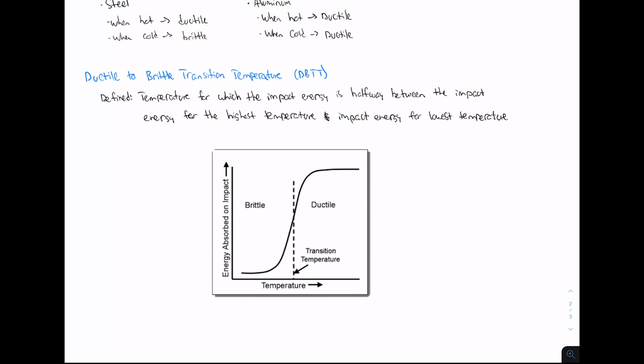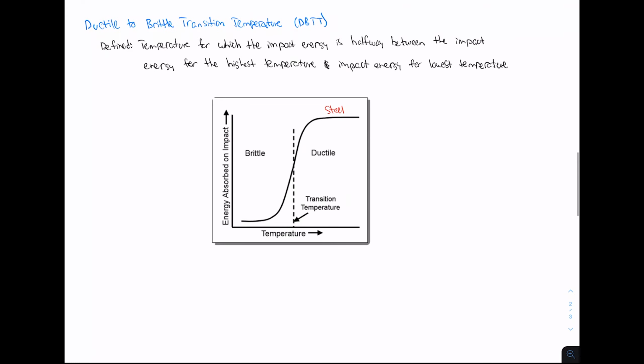So if you look at this graph, and we think about this in the context of our lab as well, we're going to have one specimen here. For simplicity's sake, let's just imagine that this is some kind of steel. So we're going to start out at a cold temperature. Let's say that we're at liquid nitrogen. So we'll see that that point right there is liquid nitrogen. So our temperature is going to be very low.